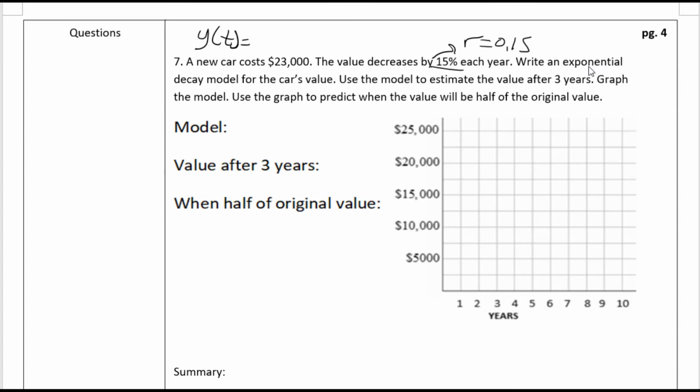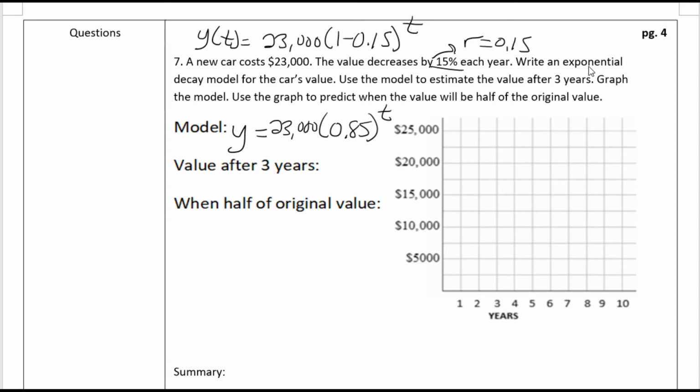So we have y of t equals 23,000 times 1 minus 0.15 to the t power. All right, 1 minus 0.15 is 0.85, so that's going to be my new model. y equals $23,000 times 0.85 to the t power. And you know that this is less than 1, which means it's a decay. So that means the value of the car is decreasing, it's depreciating.